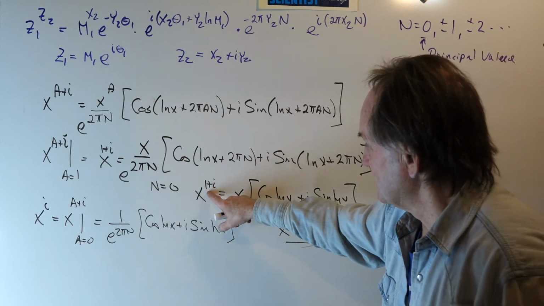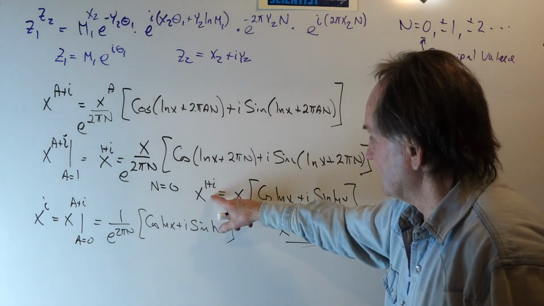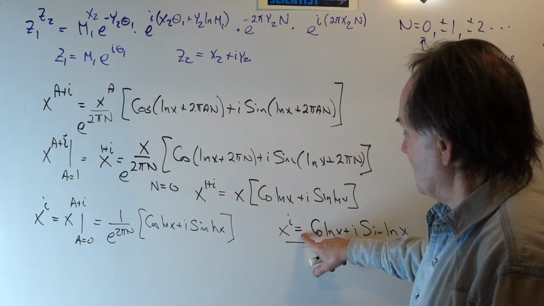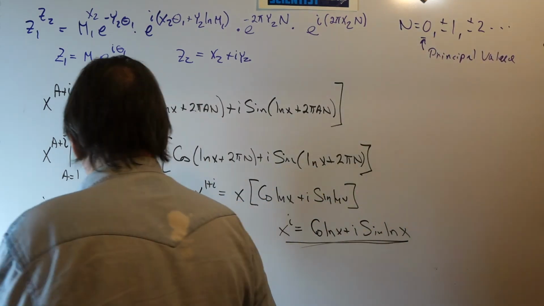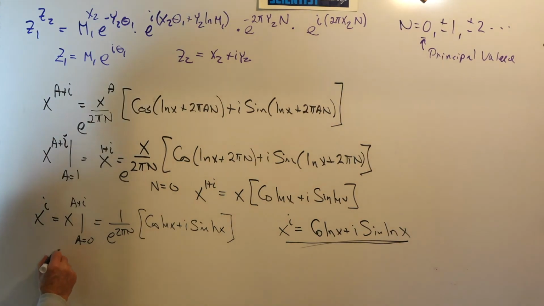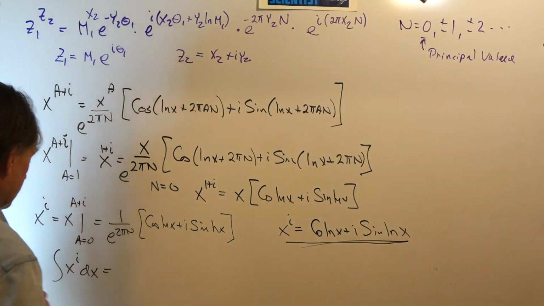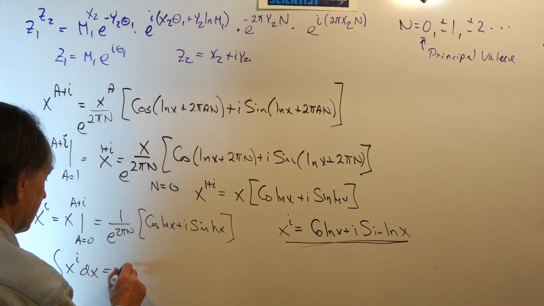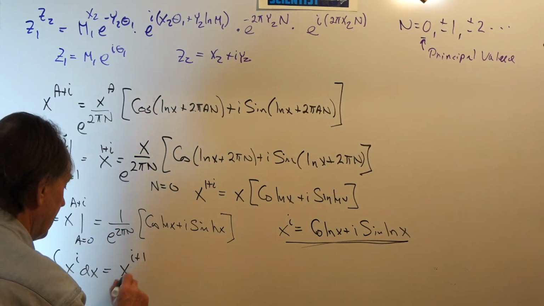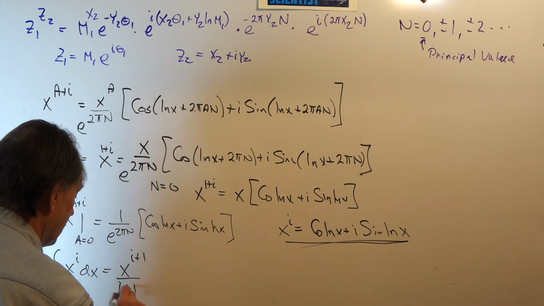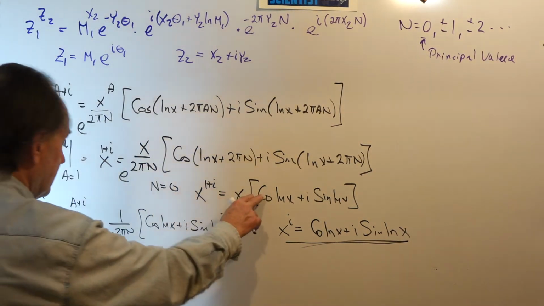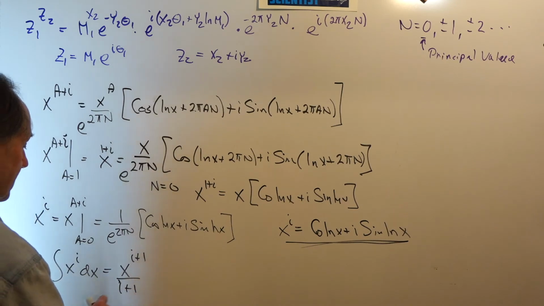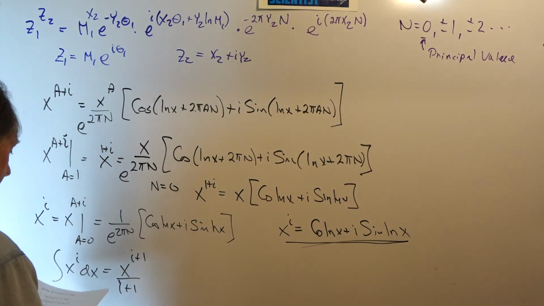So this is, in a sense, related to the integral of this form. So let's look at the integral of x to the I dx, the indefinite integral. This becomes x to the I plus 1 over I plus 1. So this differs from this just by I plus 1 in the denominator.